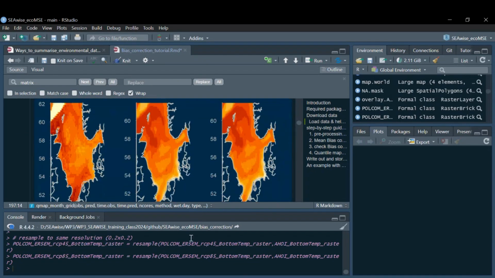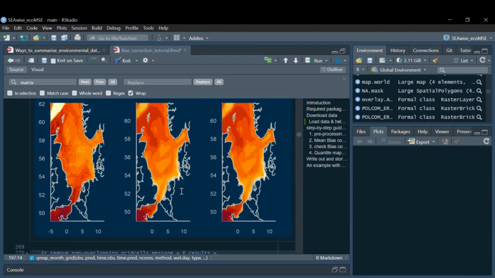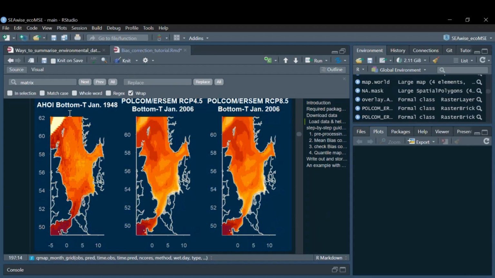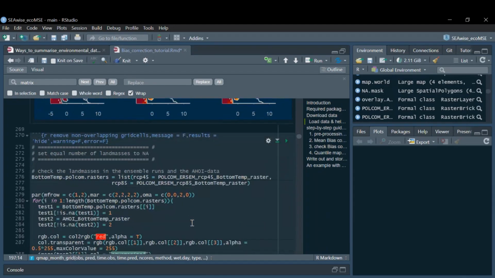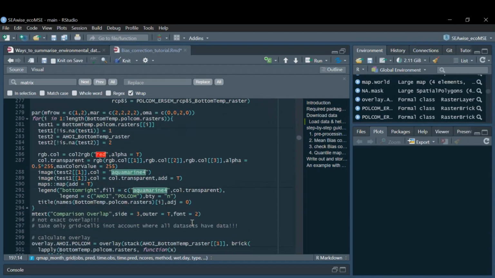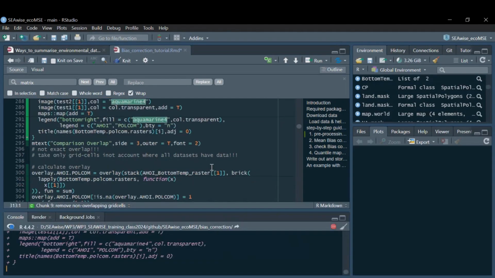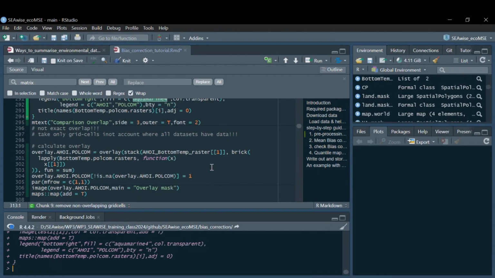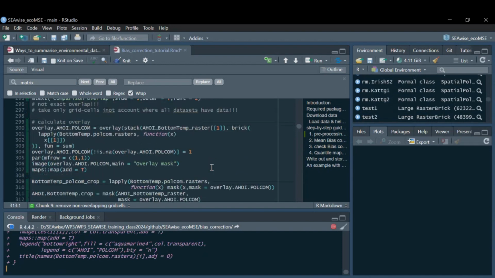So you see the data here. Bottom temperature, and then Polcoms-Ersem RCP45 and 85. And those data sets do not perfectly match each other. So some grid points of Ahoy are not available in Polcoms-Ersem and vice versa.